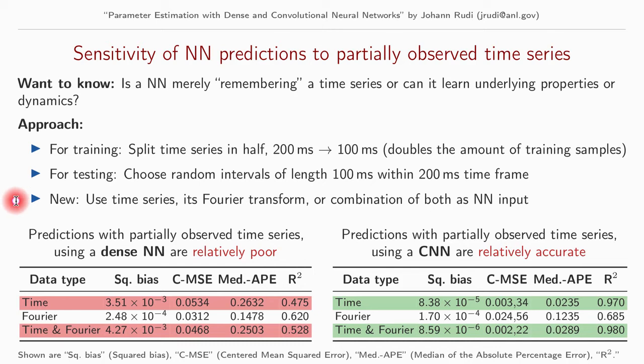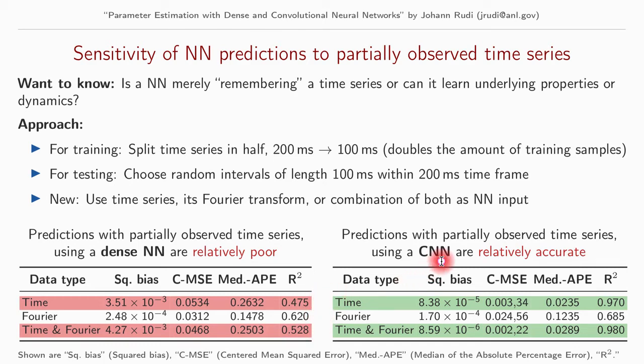One new aspect comes into this test, which is the Fourier transform of the time series data, and the combination of time series data and its Fourier transform. So it's a vector of dimension 2. These are dense neural networks, and they perform relatively poorly for this partially observed time series, as you can see, for example, in the R-squared being quite far away from 1.